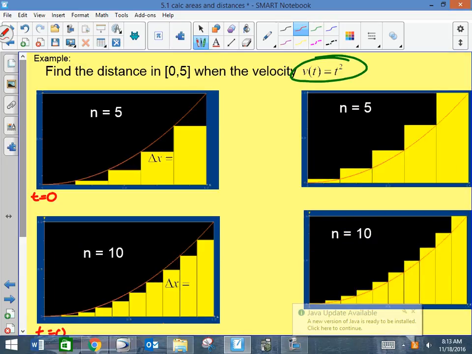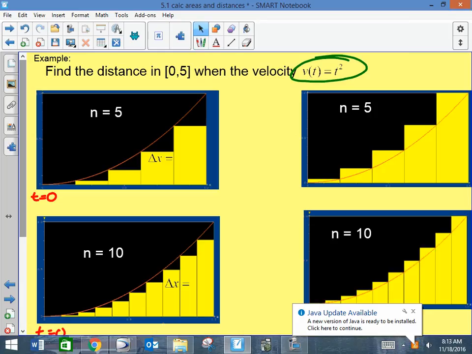This is the parabola t squared. Now take a look at the first 2. I separated into rectangles. And how wide are these rectangles? I'm going from, as you can see, 0 to 5. There are 1, 2, 3, 4, 5. So there are 5 rectangles, right? How big are they?